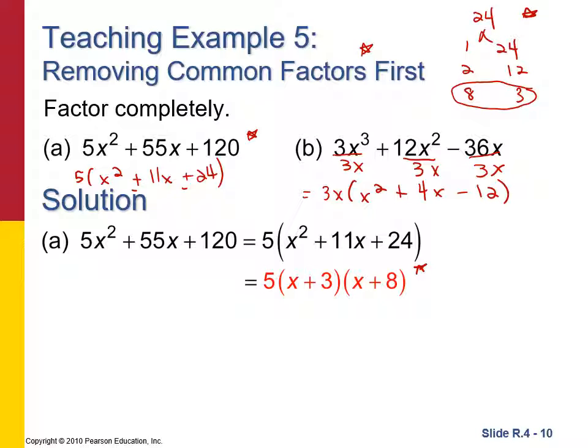Okay, and so what factors of negative 12 will add and give you 4? So again, negative 12, we have negative 1 and 12, 1 and negative 12, 2 and negative 6, and negative 2 and 6, and 3 and negative 4, and negative 3 and 4. And so really we're looking for something that's going to give us a positive 4. These are out and these are out. So negative 2 and 6 are our factors.